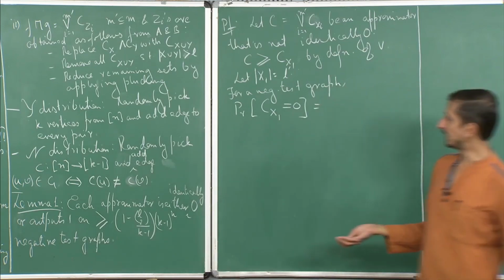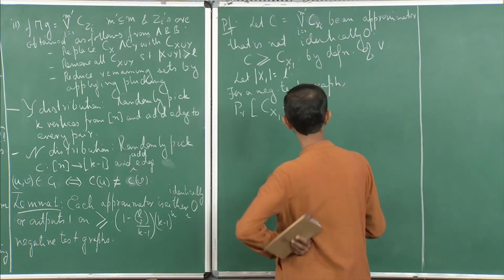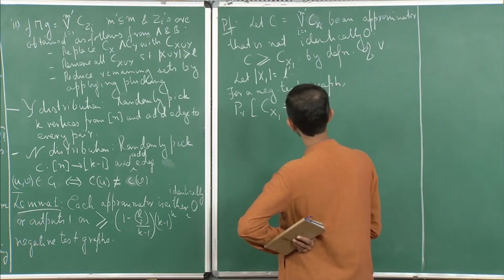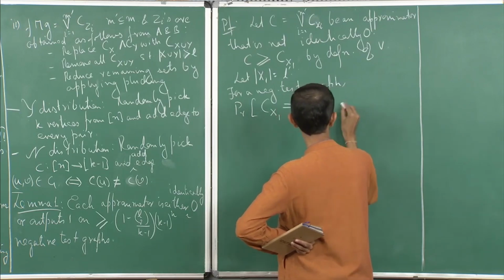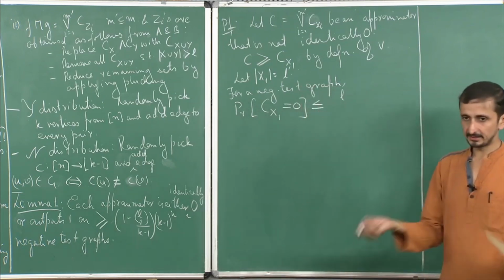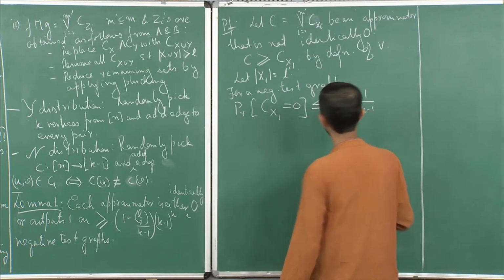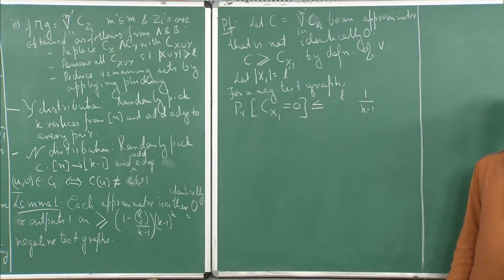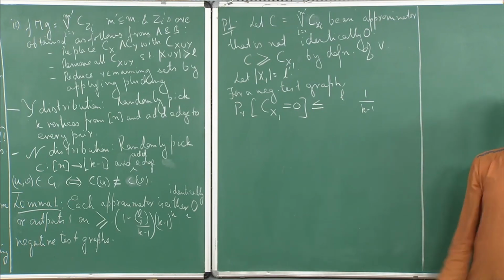When will two vertices be colored the same? What is the probability that two vertices will be colored the same? If I fix two vertices, the probability that they are colored the same is 1 over k minus 1, because one vertex can be colored anything, but the other vertex must have the fixed color of the first.